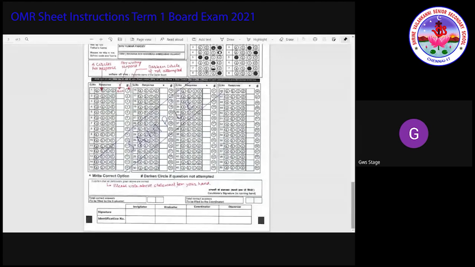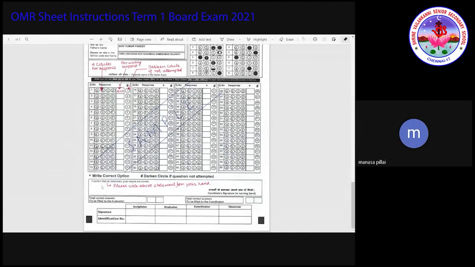Fill the hash column, which means there is no response for it, which means you have not attempted it. This is the basic way to handle this OMR sheet. Mansa madam can just concur, and if anything is left out, we can talk.